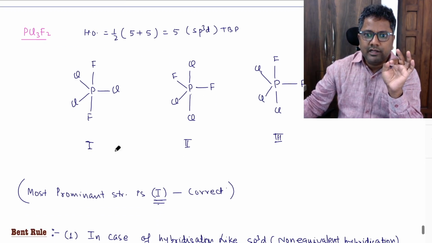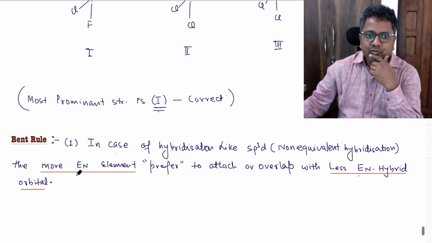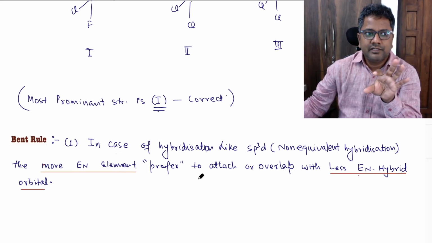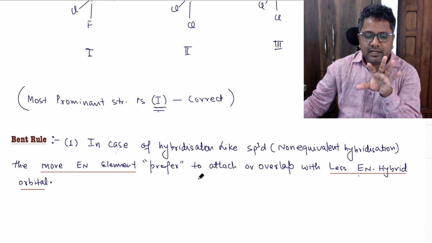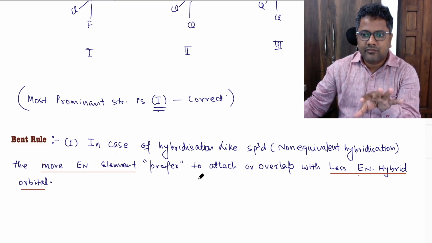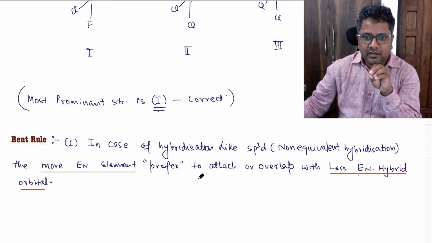So the more electronegative element prefers to attach to the less electronegative hybrid orbital. I am not in a hurry here, I am going slowly because this is very important and very helpful for you. So please listen carefully, and all of you should write each and everything in your notebook.